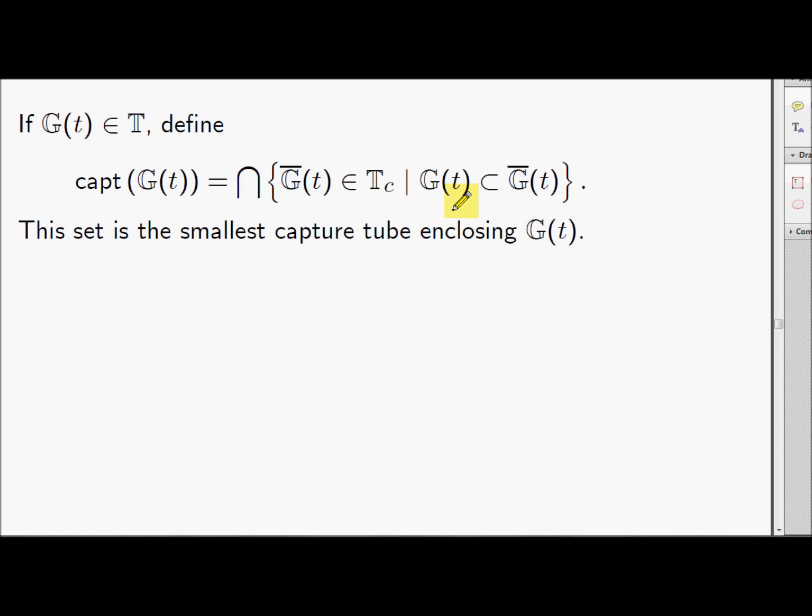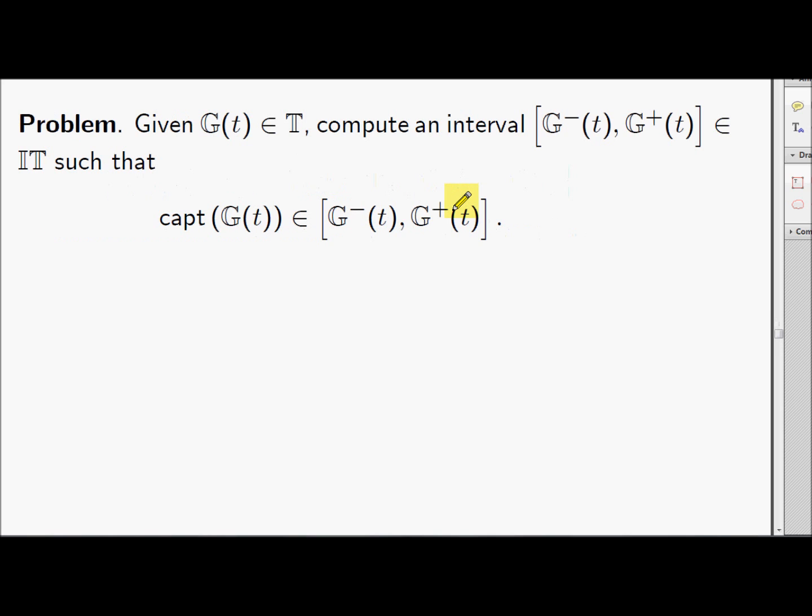So in this case, what will be my problem? My problem is that often I am able in practical situations to find a candidate to be a capture tube. But this candidate, most of the time, even if I have a good intuition for this candidate, will not be a capture tube.